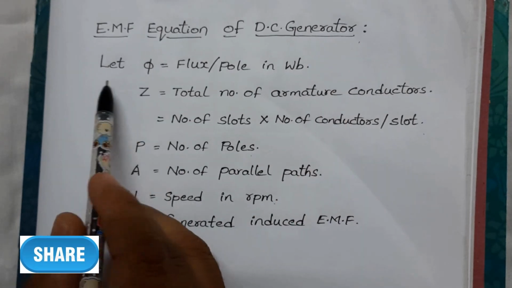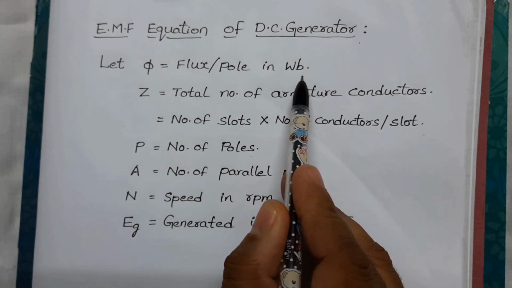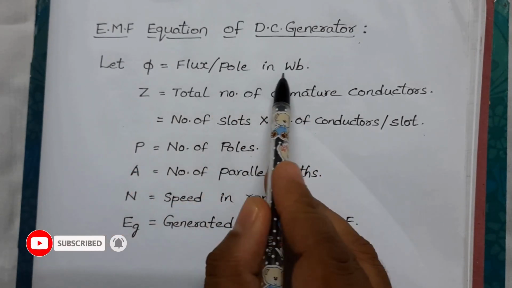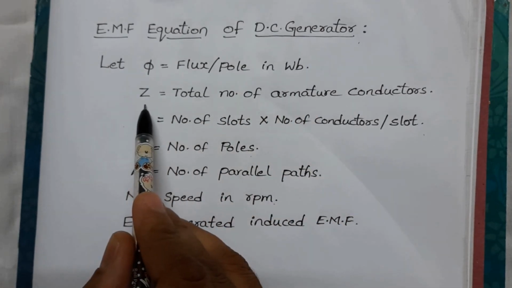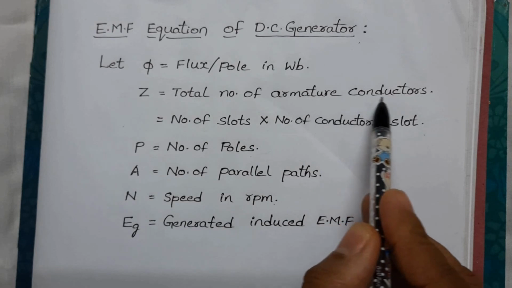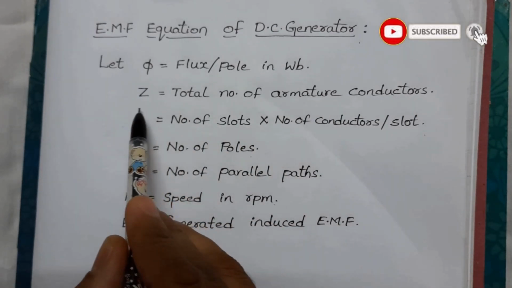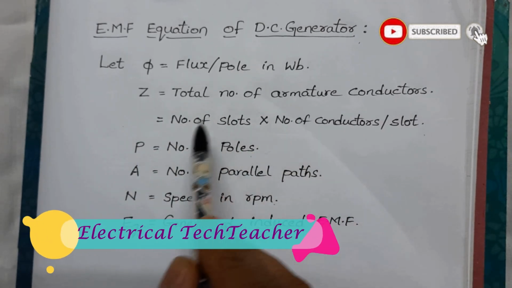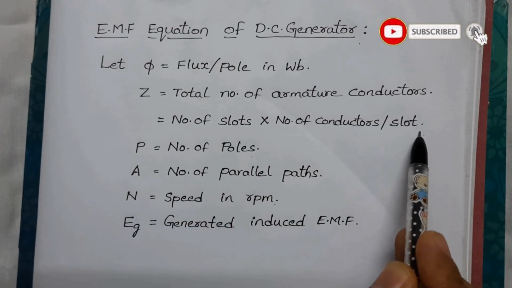Let Φ equal to flux per pole in Weber, its unit is Weber. Z equal to total number of armature conductors, which is equal to number of slots into number of conductors per slot.